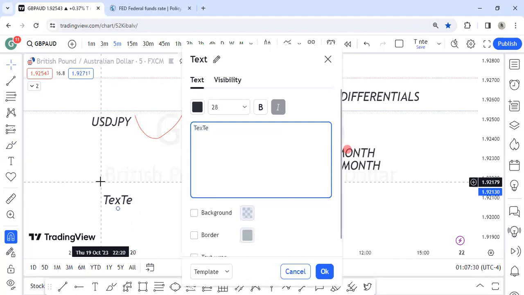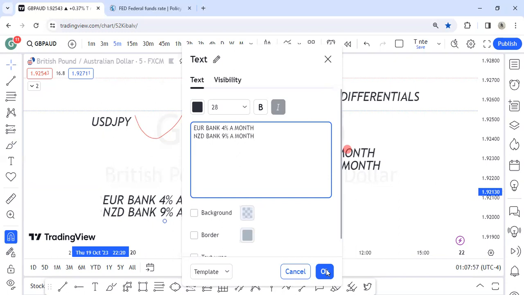Let's say the Euro Bank is giving 4% a month, right? And let's say the NZD, the New Zealand dollar, is giving 9%. Right, this is how the pair is now.